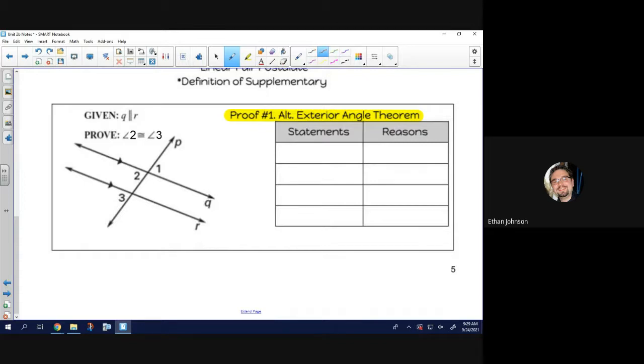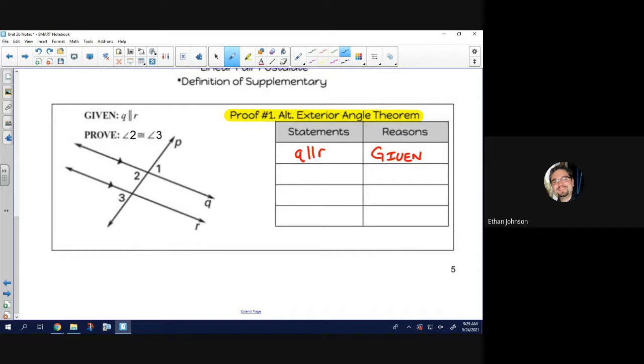So let's start off. Our first statement we know will forever be our given, or in this case Q is parallel to R. Reason is given. Well, we said they're parallel, so that unlocks those 4 new reasons.